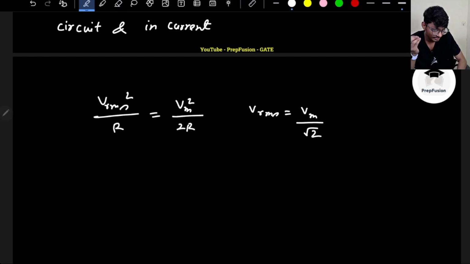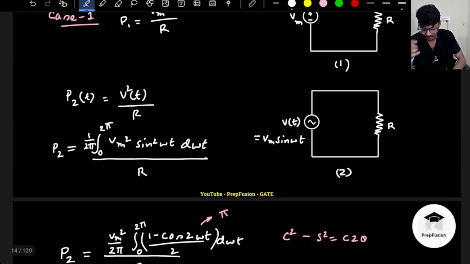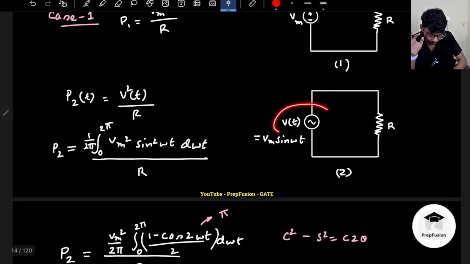So another definition of RMS is that if I replace this source with its RMS value, which is a DC source, then it will also deliver the same average power as the AC source.